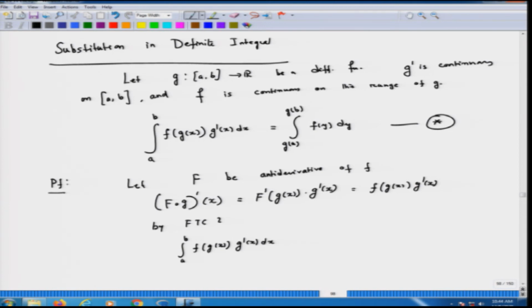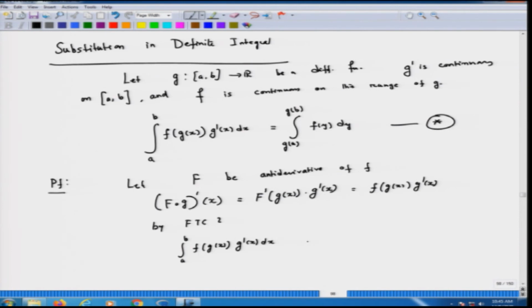Remember that we are taking here to prove that f is a nice function such that capital F composed with g prime is continuous. That is one of the conditions we have imposed on the fundamental theorem of calculus.